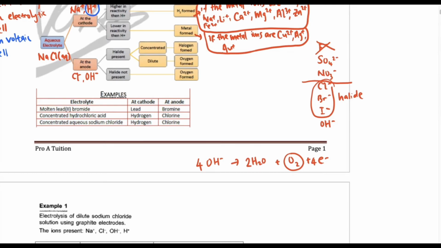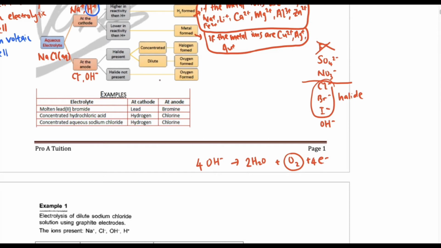So if they are not the halide, they are others, they won't form product at all, basically because they are too reactive. So who is going to form product? The hydroxide will form products, and the product formed is oxygen gas.